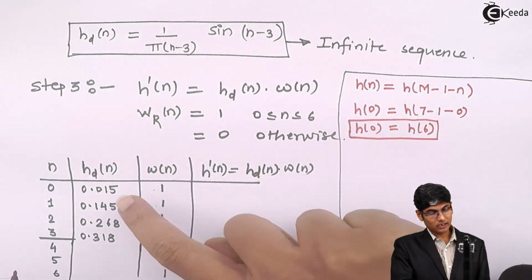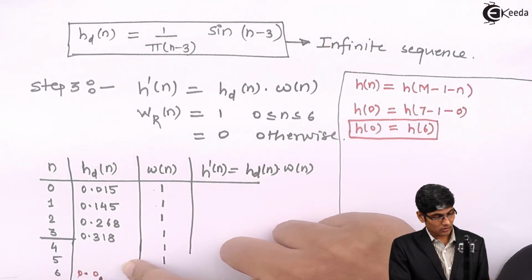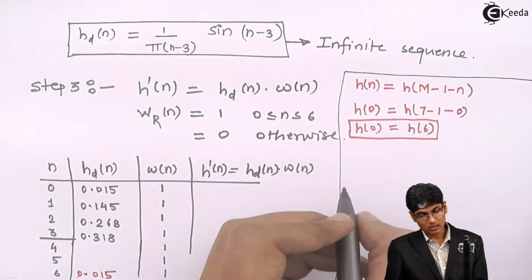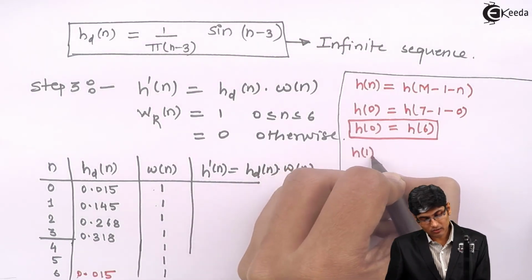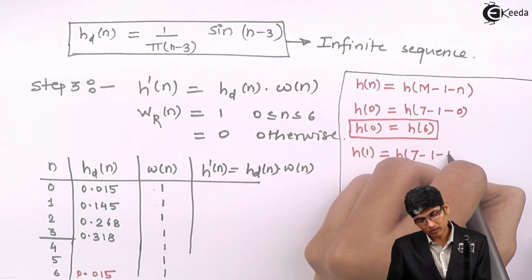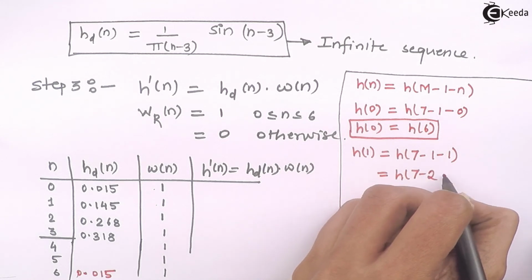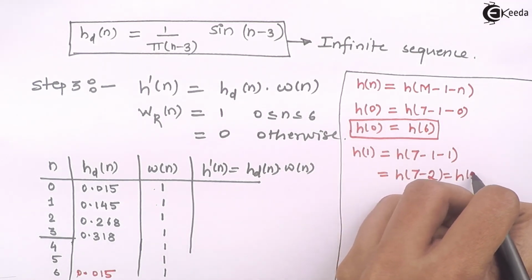What is h of 0 that I have found? 0.015. So I will put h of 6 as 0.015. Then the next condition is h of 1. If I put n is equal to 1, it will be h of 7 minus 1 minus 1, which is h of 5.